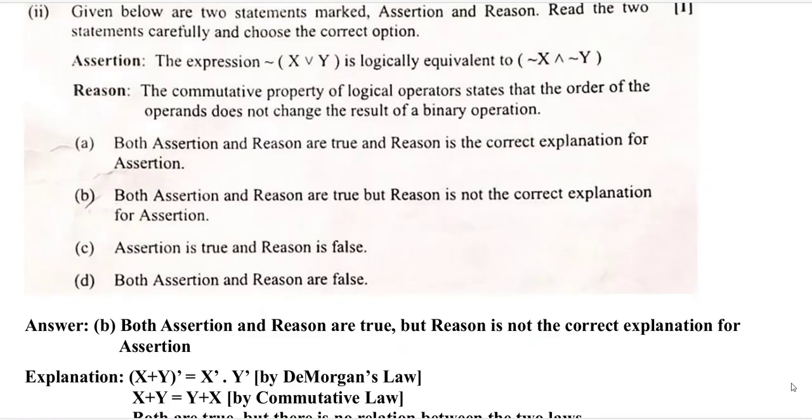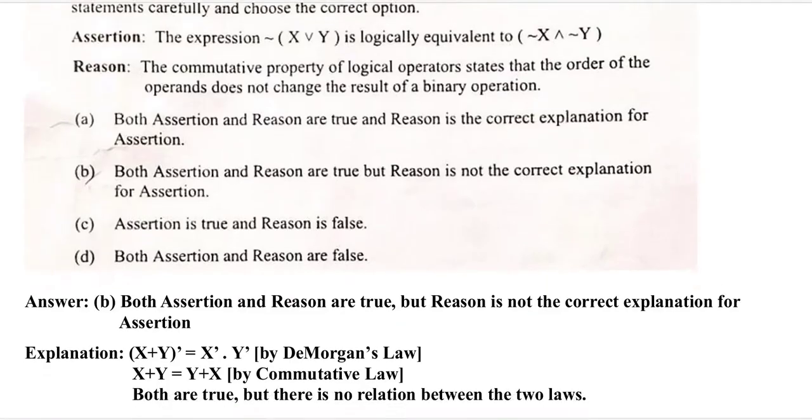Now let us see the answer. The answer here is both the assertion statement and the reason statement are true, but the reason is not the correct explanation of the assertion. Why is that so? You can see the explanation.